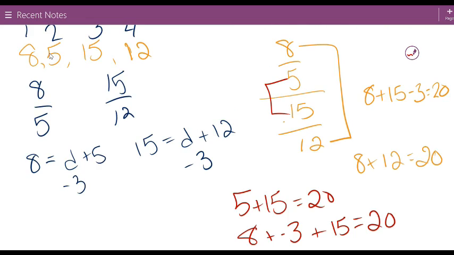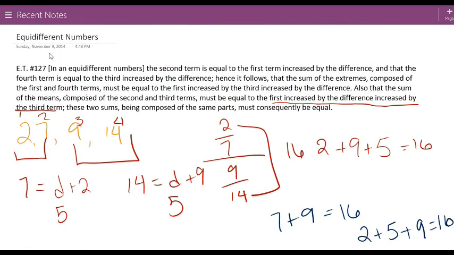All right, so those are equidifferent numbers. We're not really going to talk much more about them other than just being able to see that they are in fact equidifferent numbers.